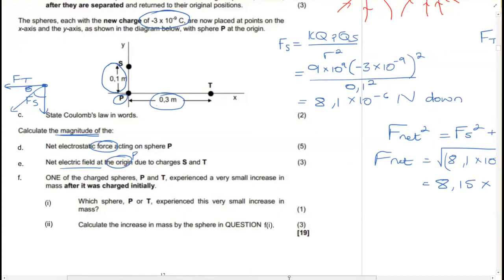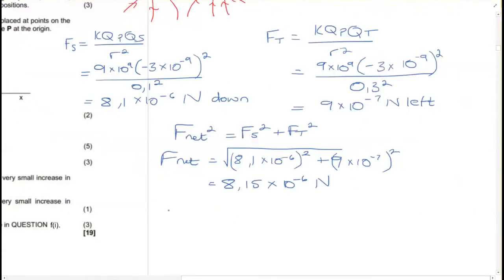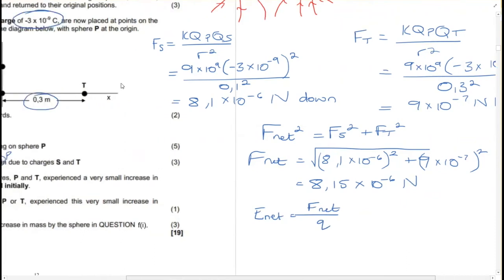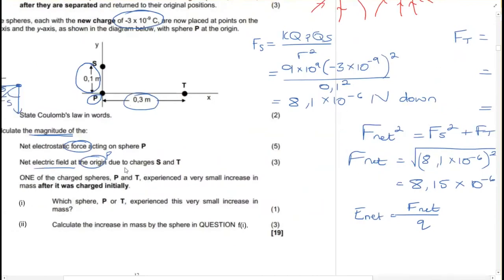So how do we do that? We say our net field is equal to the net force experienced per coulomb charge. Now here we are using small q. Small q is charge P. Because look here, they said the field due to charge S and T. That means S is a big Q because it's the field of S, T is a big Q, and P is a small q.